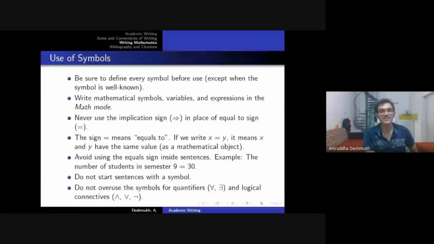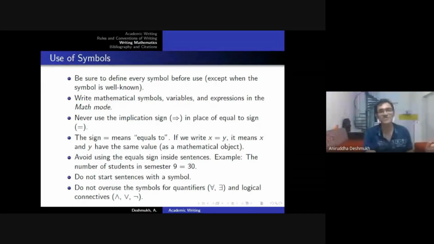In that case, you can simply state that pi is equal to 3.14, or e to the power 2 pi i is equal to 1. That is all right. But if the same well-known symbol has two or more meanings, then you have to define it beforehand.